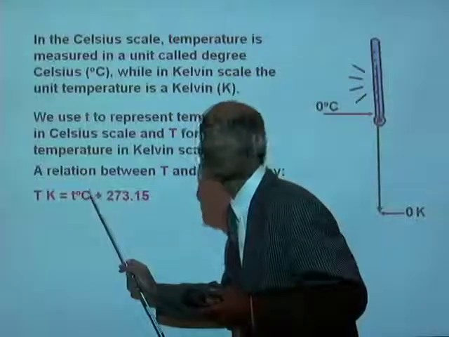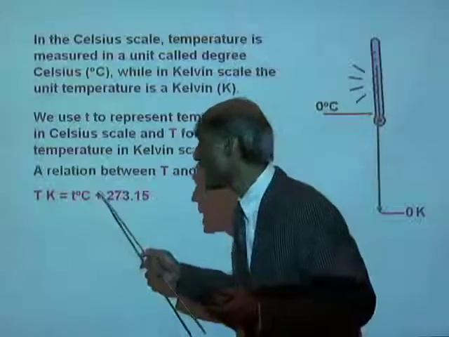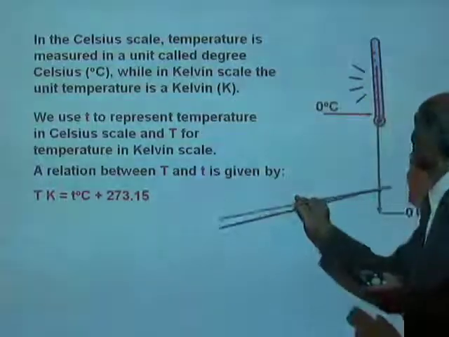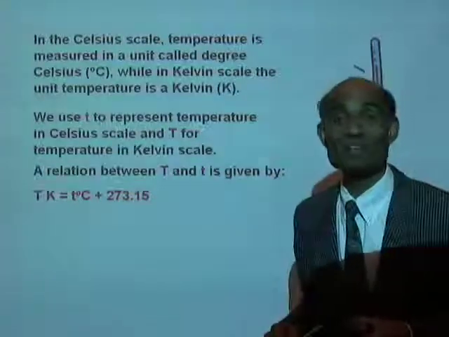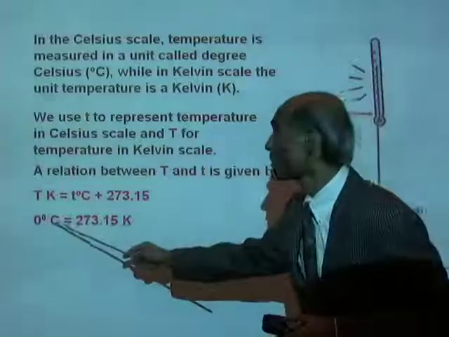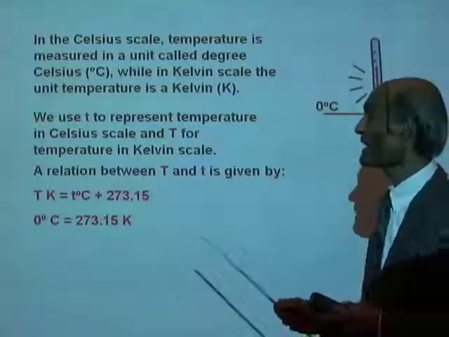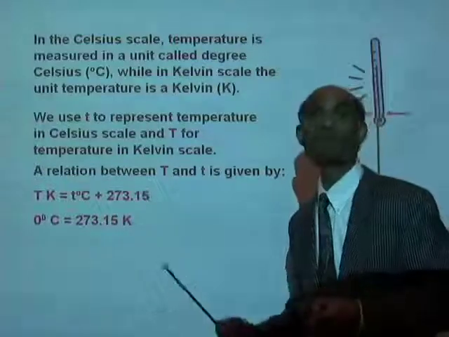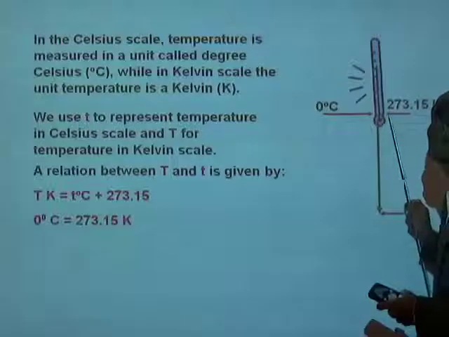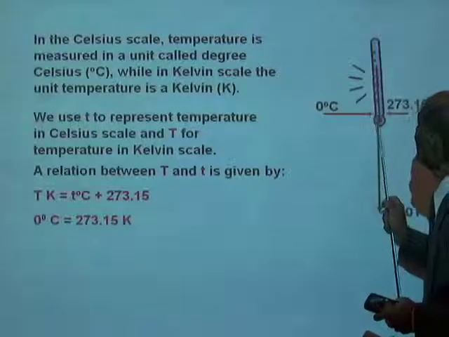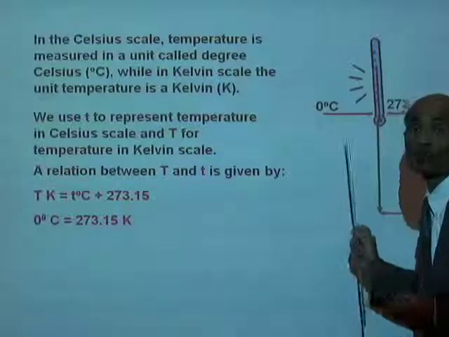In order to convert Celsius to Kelvin, all we need to do is add that 273, this difference, and the temperature will then be in Kelvin. 0 degrees Celsius is 273.15 Kelvin. Most of you know this already. So this is 273.15 Kelvin. Now this is called the lower fixed point of the thermometer.